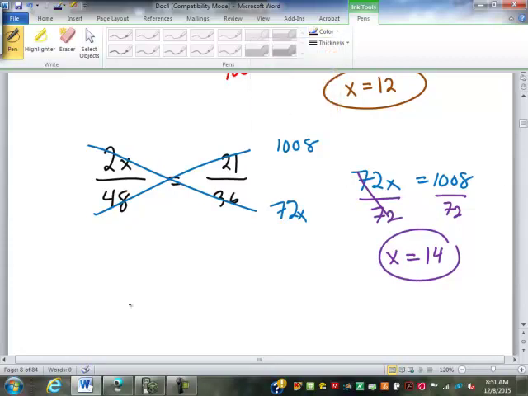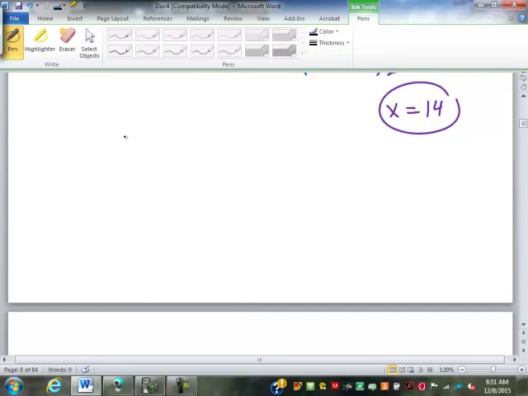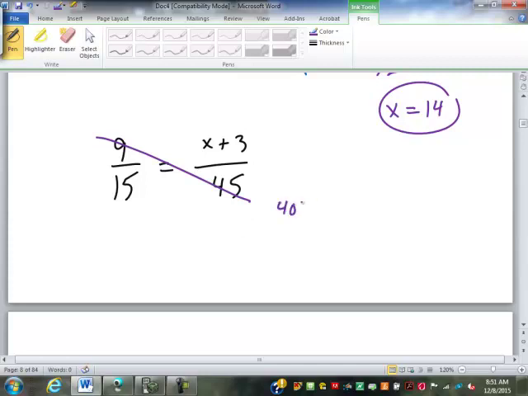Or we can run into ones like this. So here, we're going to cross multiply. 9 times 45 is what? 405? Going this way, 15 times x plus 3. I'm going to write that out like that.